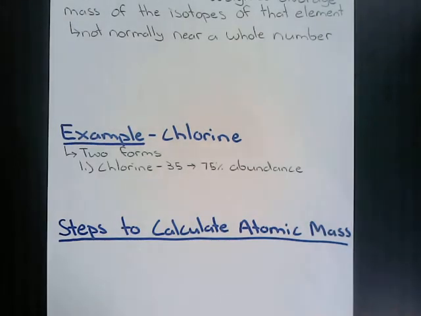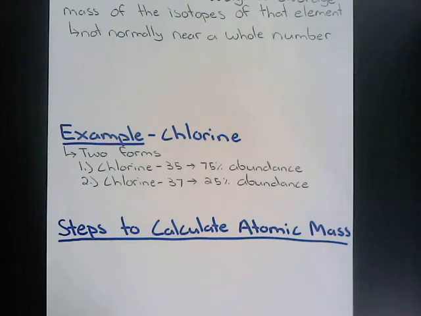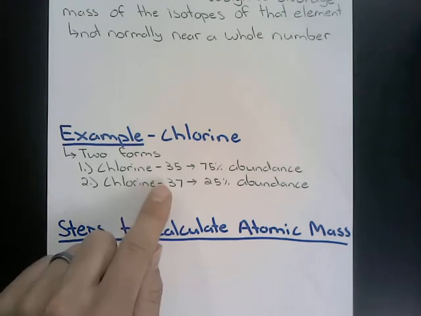The other form of chlorine that naturally exists in the mixture is chlorine 37, which has about 25% abundance.